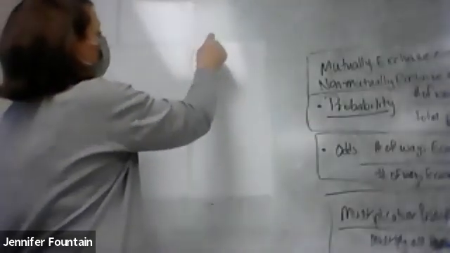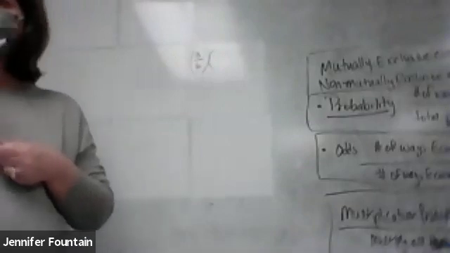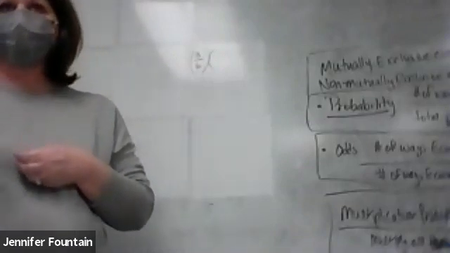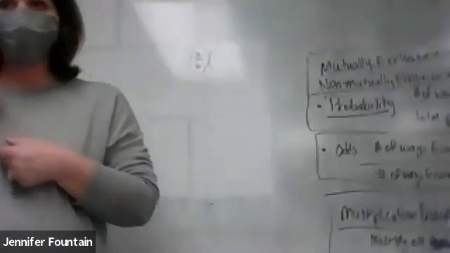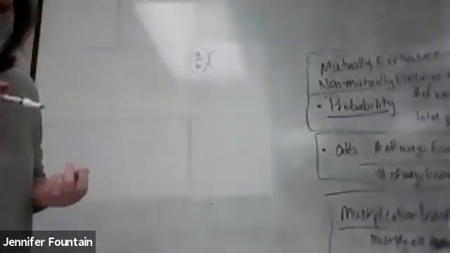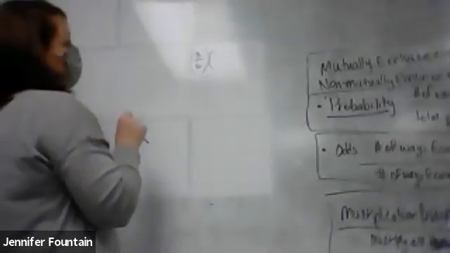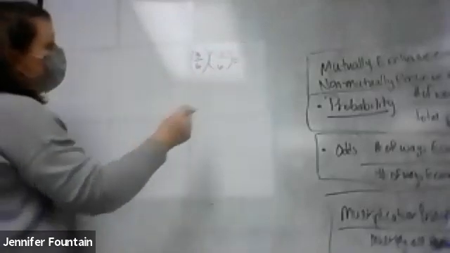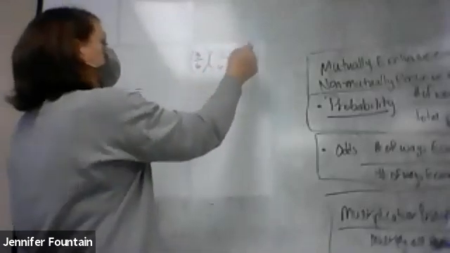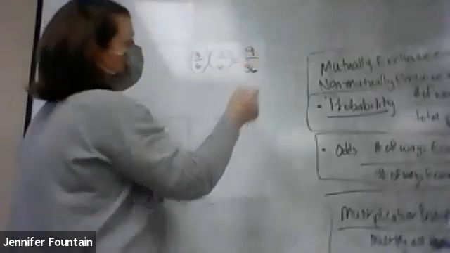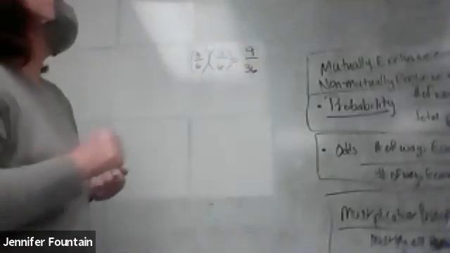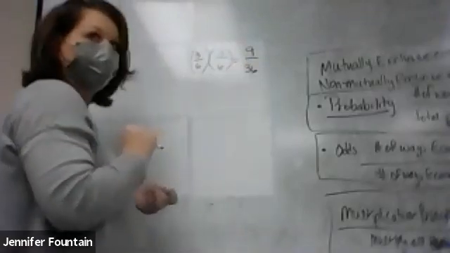My second draw, how many? Now, what did my problem tell me I do? Put it back. Okay, so I have to put it back. So now how many do I have that are red? 3 out of 6. And what's 3 times 3? 9. And 6 times 6? 36. Okay, I've got 9 out of 36. Is that one of my answer choices? Nope, so I've got to simplify. What are they both divisible by?